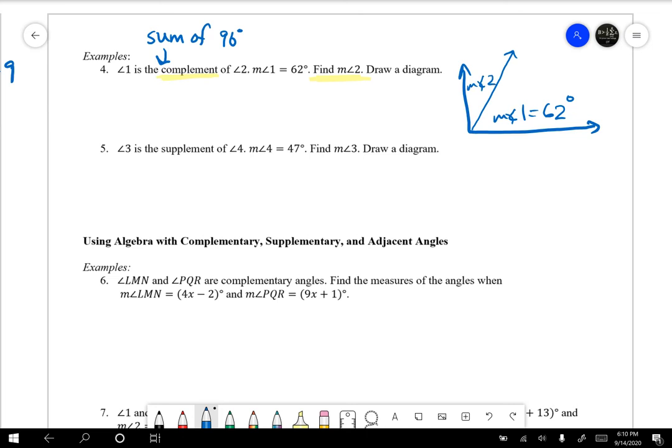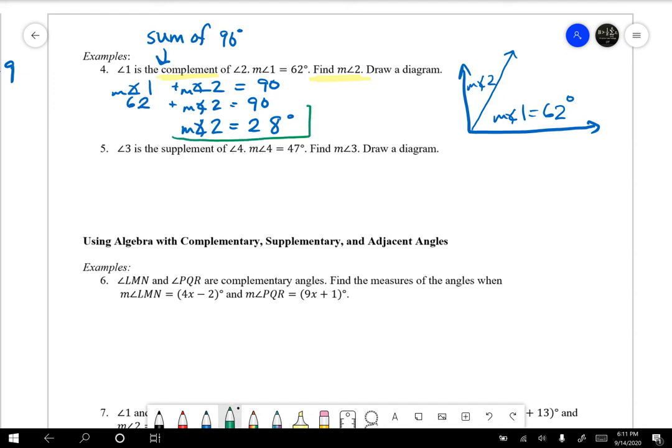Because of the word complement, I can write the measure of angle 1 plus the measure of angle 2 equals 90. Plug in 62 for the measure of angle 1, subtract 62 from both sides, and you get 28 degrees. That's what I was supposed to find. I did the angle and the diagram, so now I can go on to the next one.